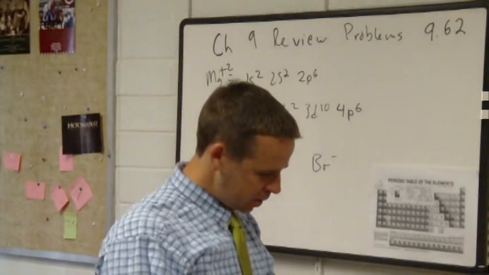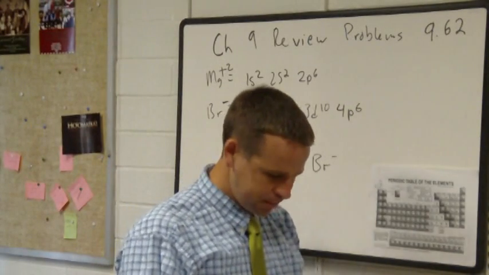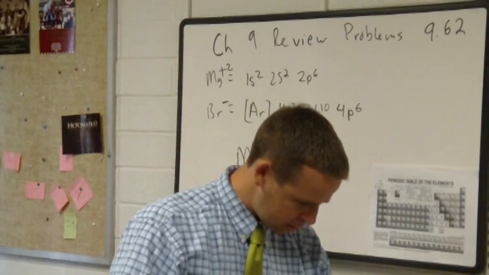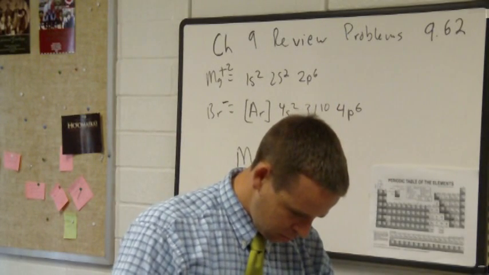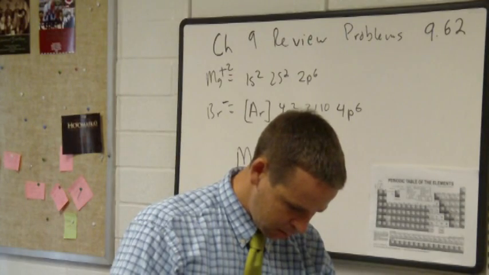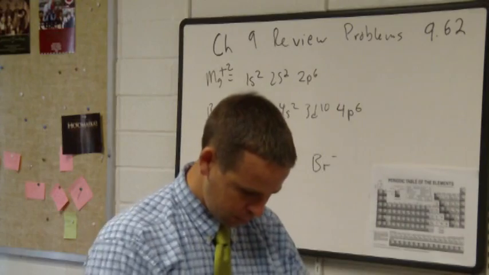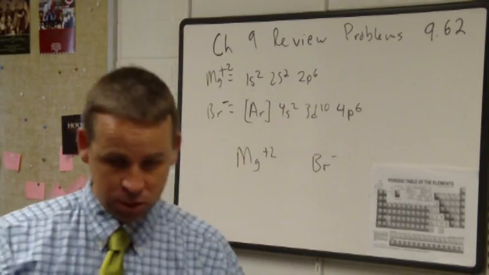So that's what happens. Double check that, make sure they're not looking for something else. 962, magnesium loses 2 electrons, bromine gains an electron. To keep the overall charge stable, we need 2 bromines, right?